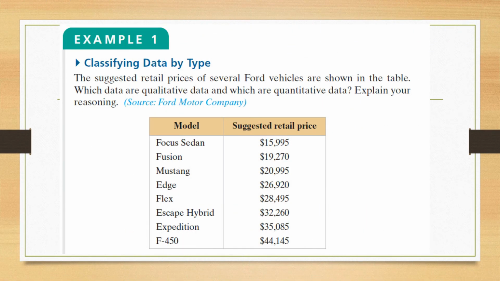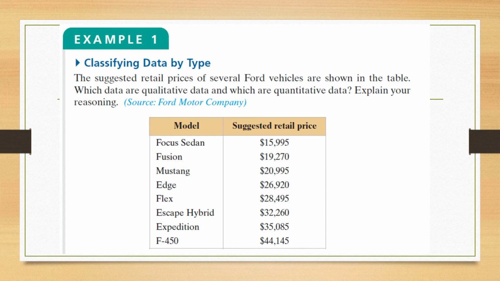Let us try to examine example number 1. Classify data by type. The suggested retail price of several Ford vehicles are shown in the table. Which data are qualitative data and which data are quantitative data? Explain your reasoning. Based on the table, the information show that these data sets can be separated. One data set contains the name of vehicle models.